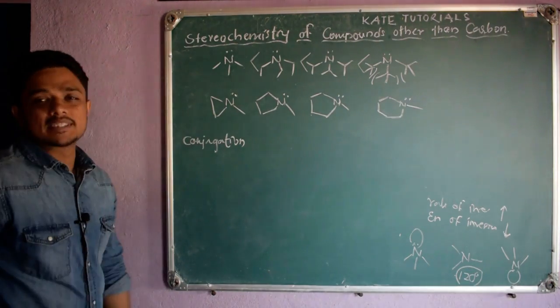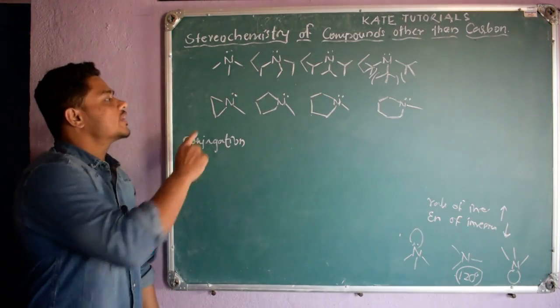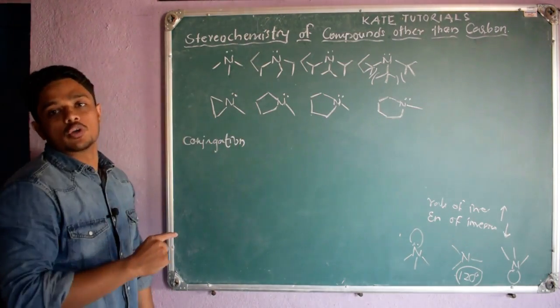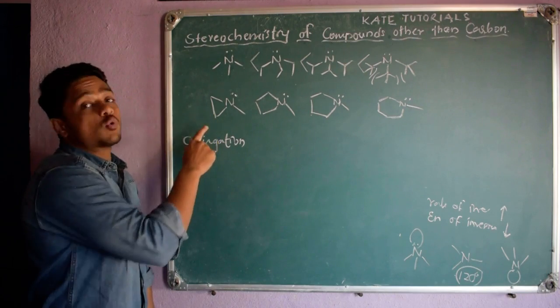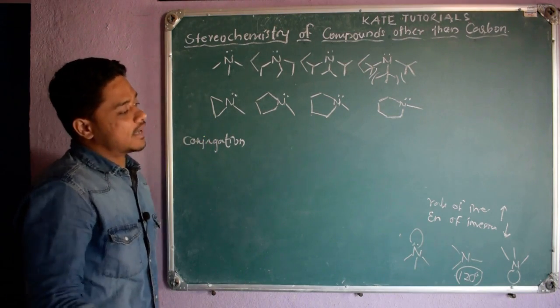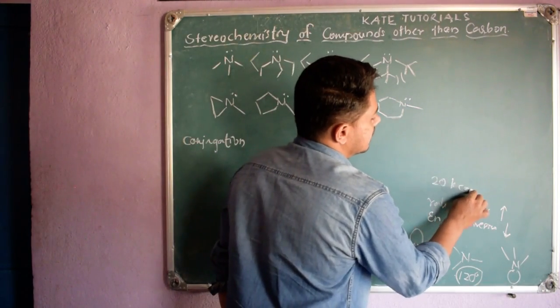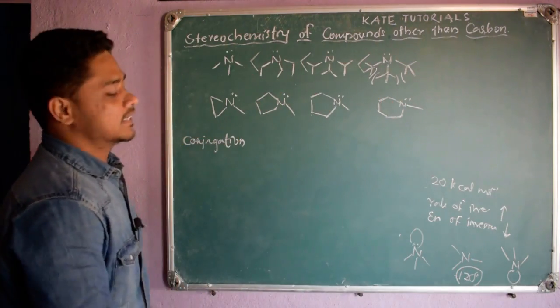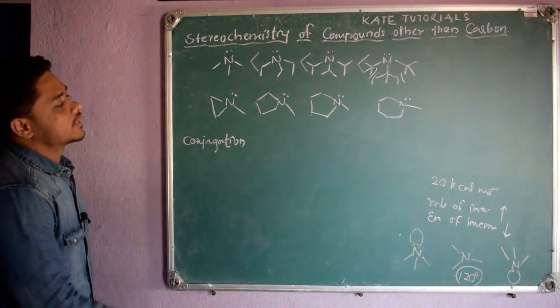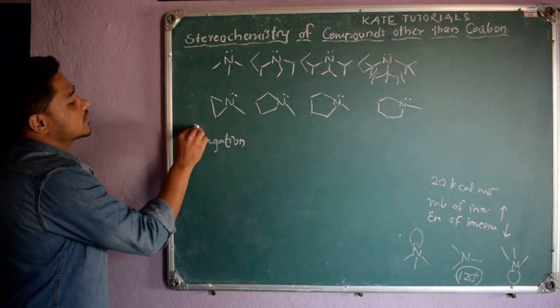Coming to the cyclic ring, to decrease inversion we can take a restricted molecule. Here it is restricted because its inversion energy is more than the room temperature energy, which is 20 kilocalorie per mole. If the molecule's energy is more than that, there is no inversion.